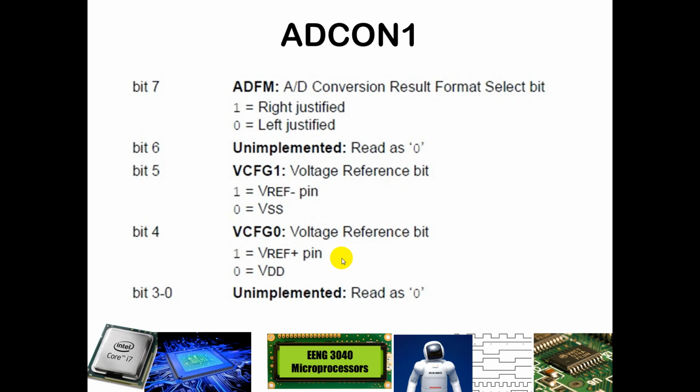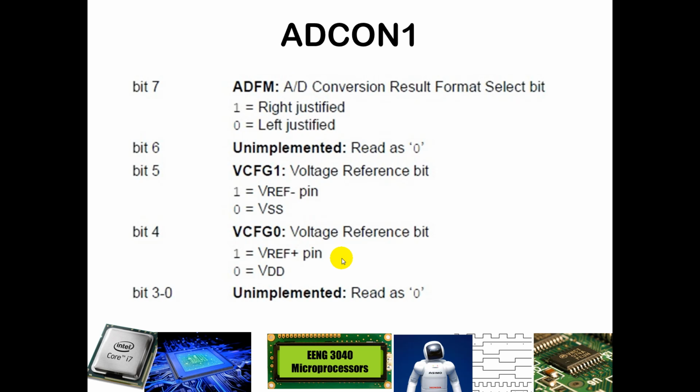Otherwise, if you do it as left justified, then the most significant bit in the upper byte will hold the most significant bit of your result, and then the least significant 2 bits will be down in the lower byte. It's really up to you, and it depends on your application as to which way you would want that data to be represented. Bit 6 does nothing here.